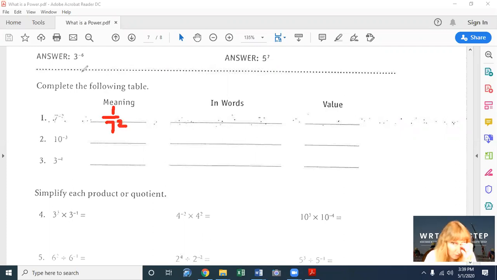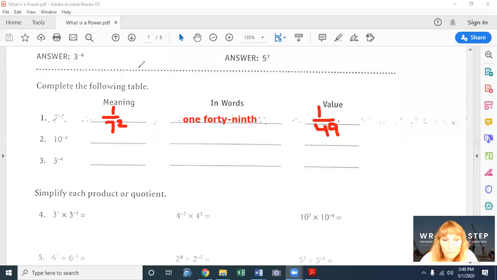And in words, that would be 1, how would we say that? 7 times 7, 49th. 1/49th, right? 49th. There we go. 1/49th. And the value would be written as 1/49. 7 times 7 is 49.